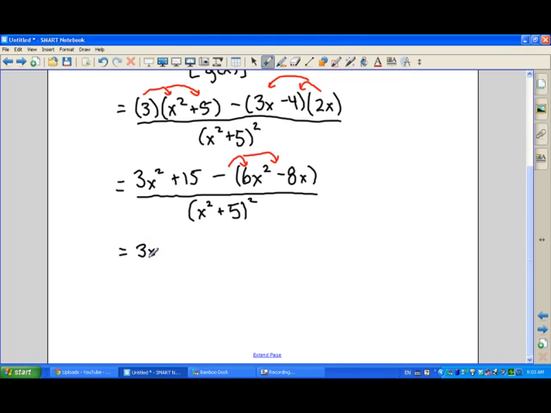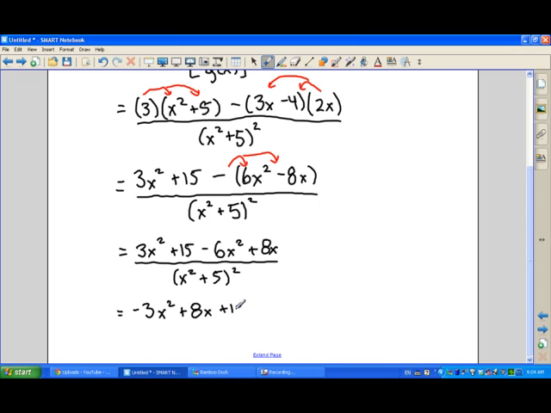So I'll have 3x squared plus 15 minus 6x squared plus 8x all over x squared plus 5 squared, which then becomes negative 3x squared plus 8x plus 15 all over x squared plus 5 squared.